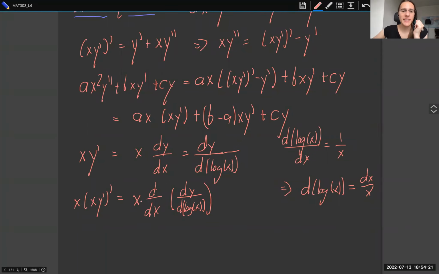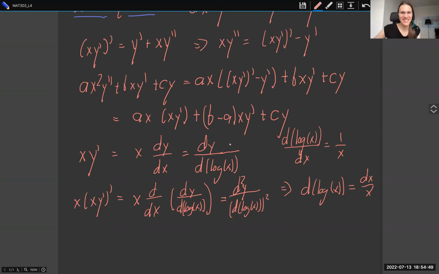But here we have x over dx. So this is in fact equal to d squared y d log x squared. So you'd write parentheses here to just indicate it like that. Okay, this 100% makes sense.